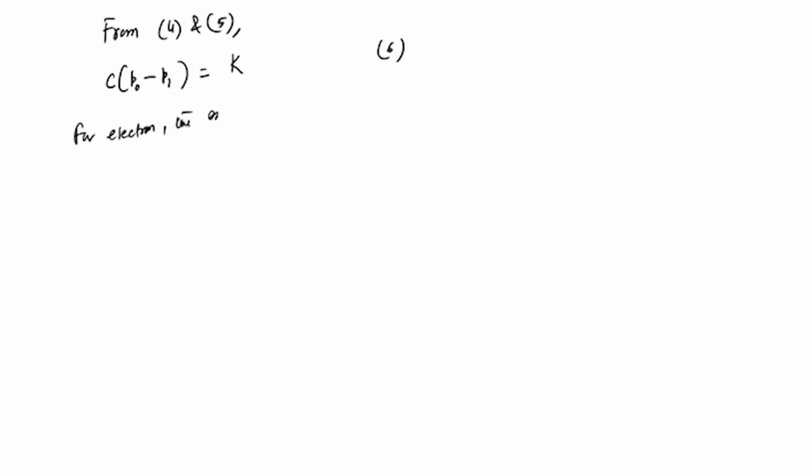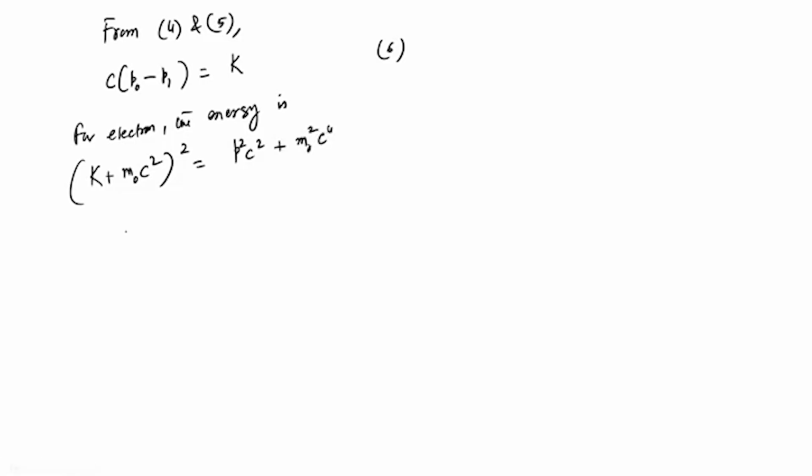From 4 and 5, we have c times P0 minus P1 equal to K, let us call that equation 6. And for the electron, the energy is K plus m naught C square, whole square, that's E square, equal to P square C square plus m naught square C4.